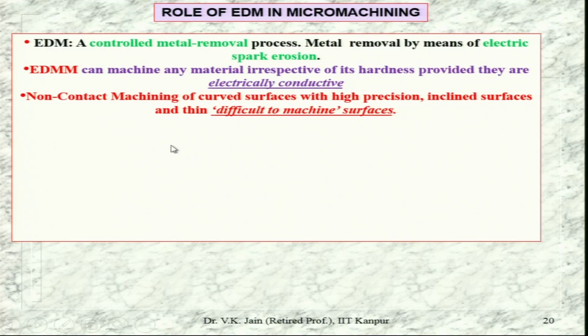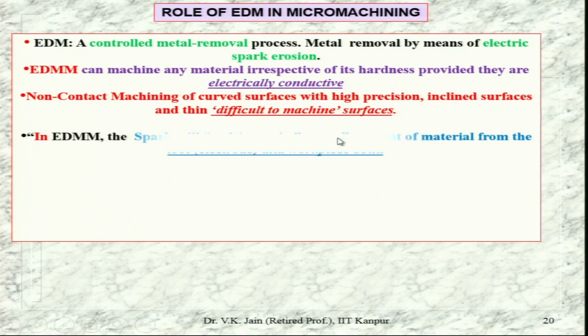And another important point is that EDM is a non-contact machining process. So, non-contact machining of curved surfaces with high precision, machining of inclined surfaces and thin, difficult to machine surfaces is feasible with EDM and micro EDM process.